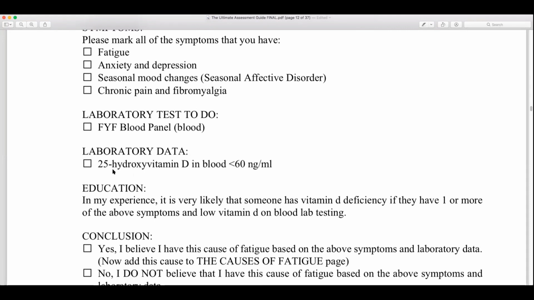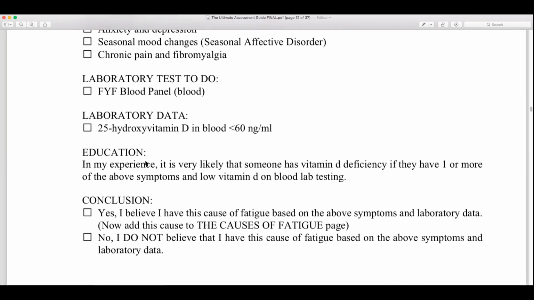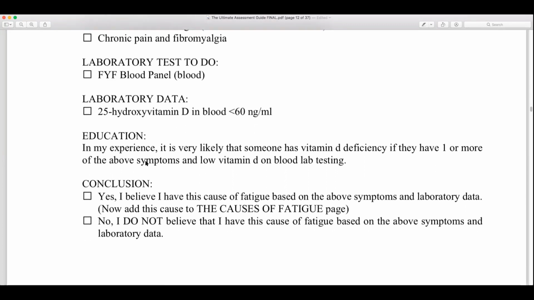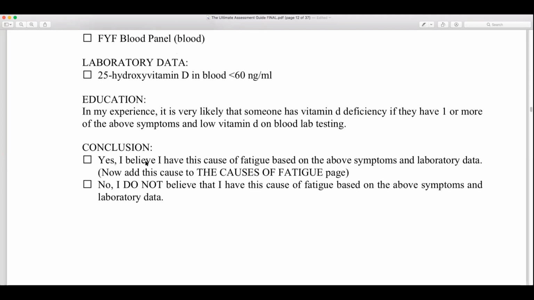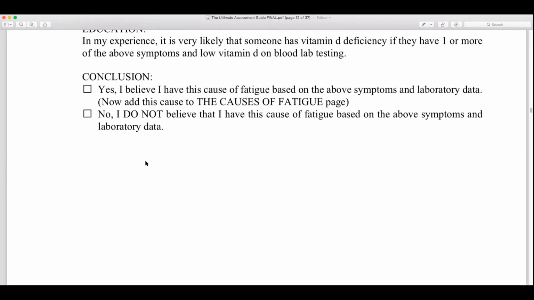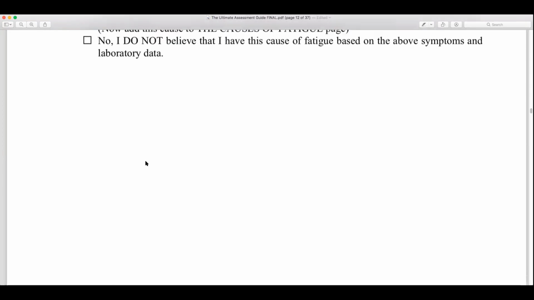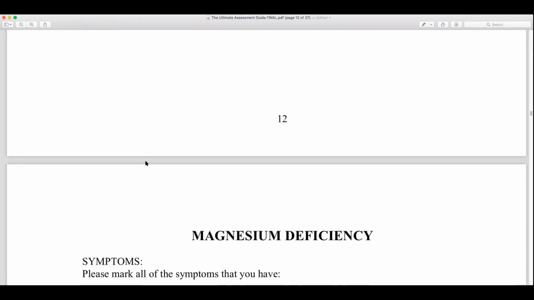So what's considered significant and abnormal is this 25-hydroxy vitamin D less than 60. And the education is, in my experience, it is very likely that someone has vitamin D deficiency if they have 1 or more of the above symptoms and low vitamin D on blood lab testing. And then once again, make your determination based off the labs and add to page 2 if it is significant.